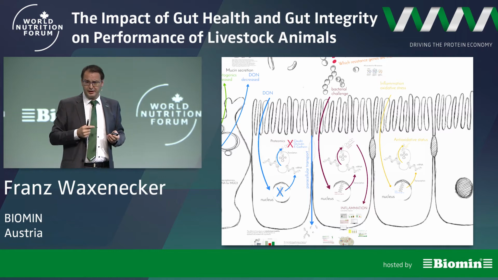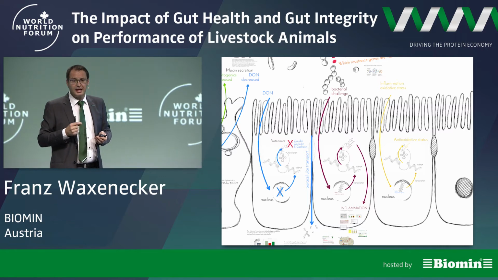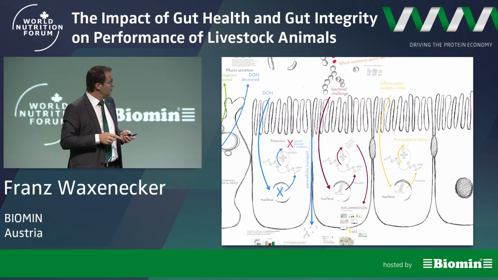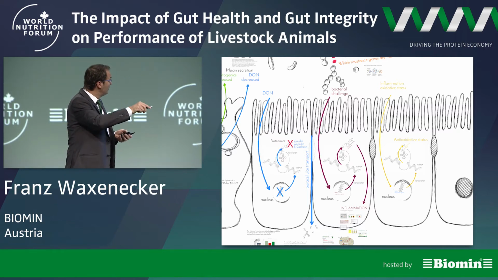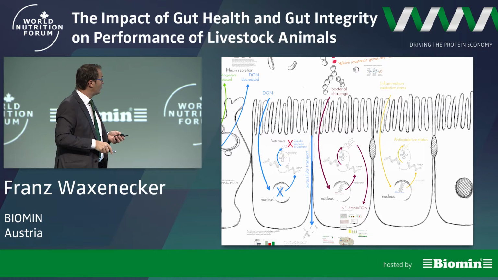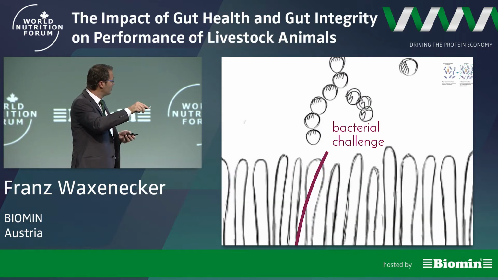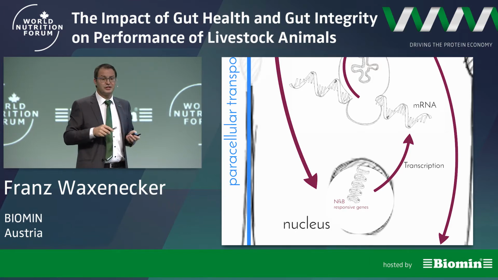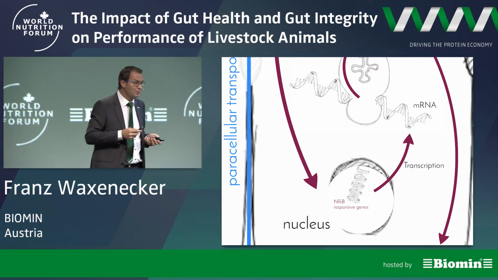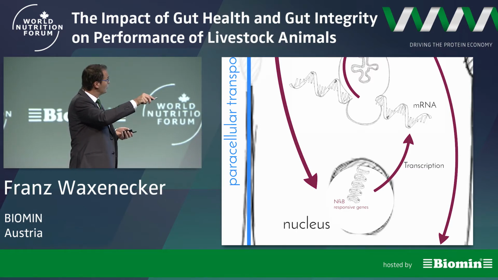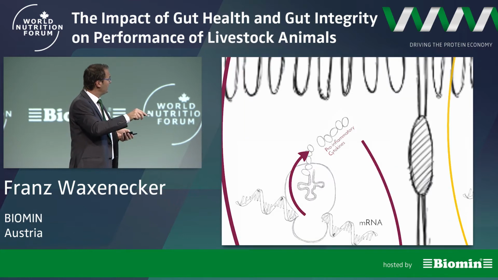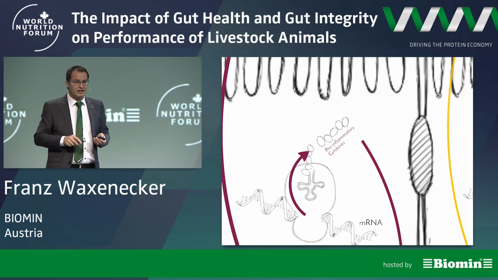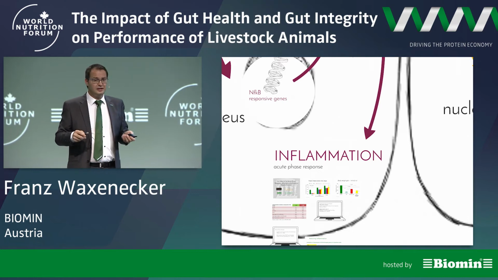And here we know again that exactly this NF-kappa B pathway is responsible, after a bacterial challenge, for the formation of pro- and anti-inflammatory cytokines. So the same pathway, more or less simple, from the nucleus through mRNA and the formation of pro- and anti-inflammatory cytokines, leading at the end to an inflammation of the tissue.